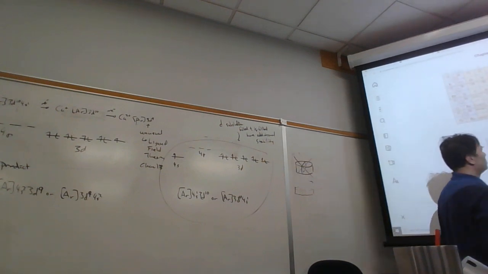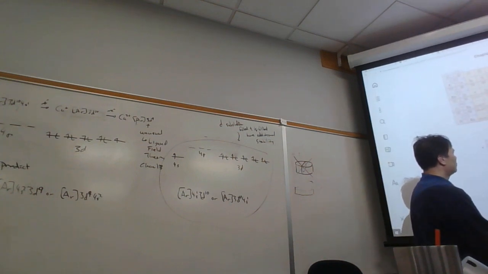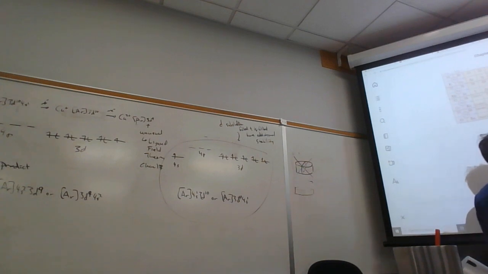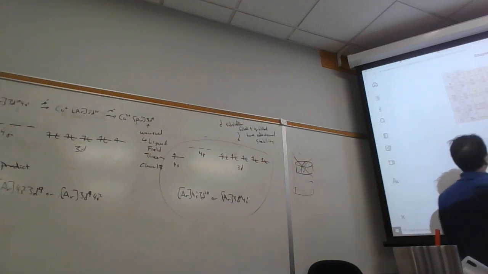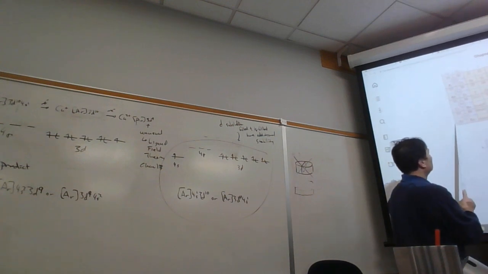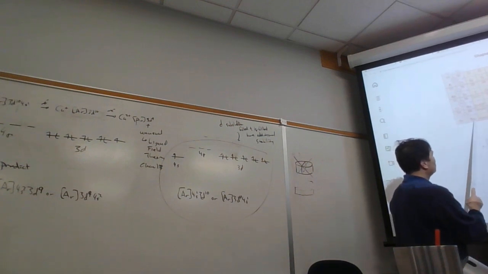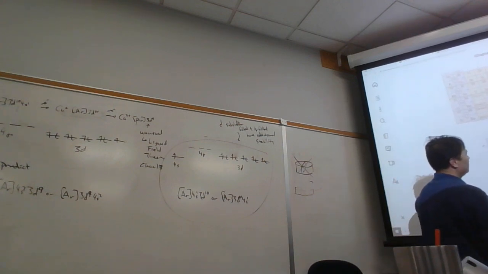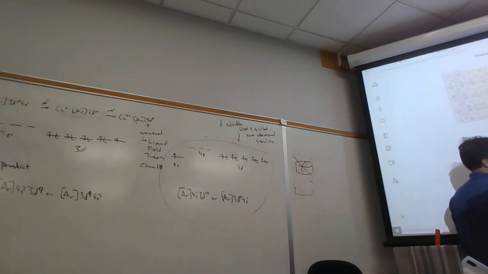Okay, so that's how we use the periodic table. Now we're trying to get uranium. Uranium is element number 92. So we're going to start off with radon at 86. So we go radon, 7s1, 7s2, 6d1, 5f.